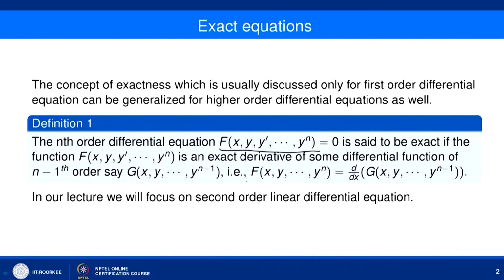That is, f is written as d by dx of g of x, y up to y n minus 1. And so, when the left hand side is written as an exact derivative of some differentiable function of one less order, we say that our differential equation is an exact differential equation.